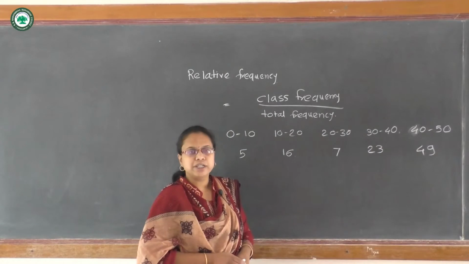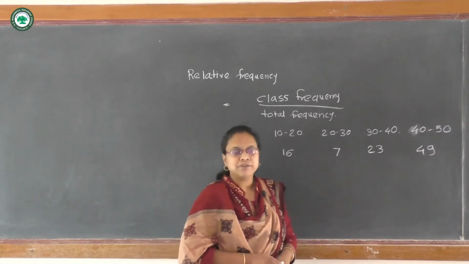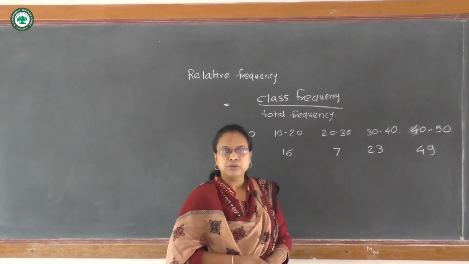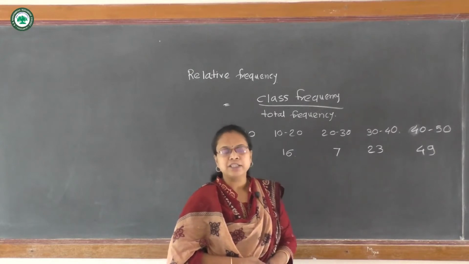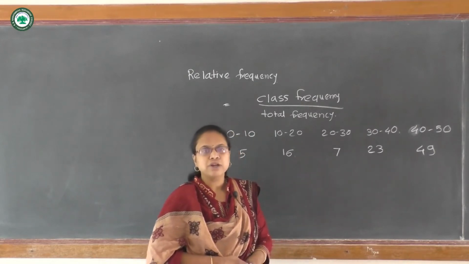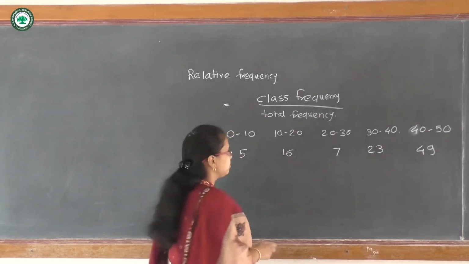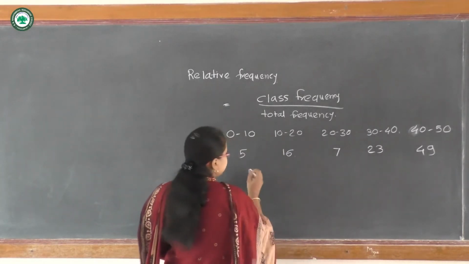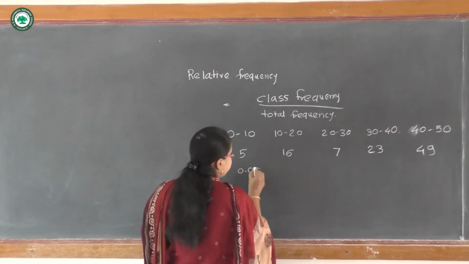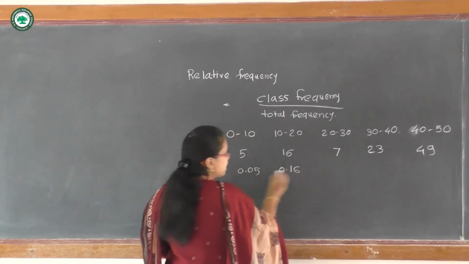Then we can obtain relative frequencies by dividing each frequency by 100, and then we will get the percentage or proportion of frequencies, which is called relative frequency. So this will be 0.05, 0.16. These are the relative frequencies.